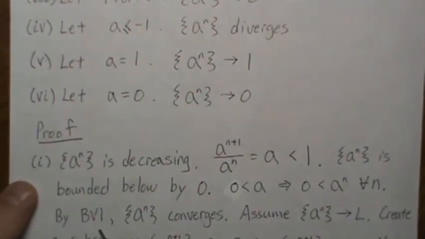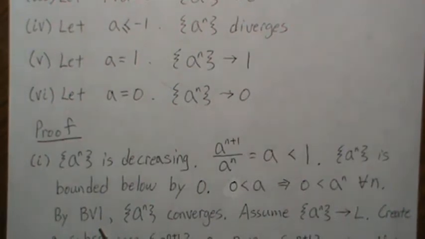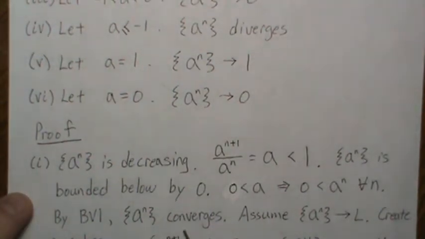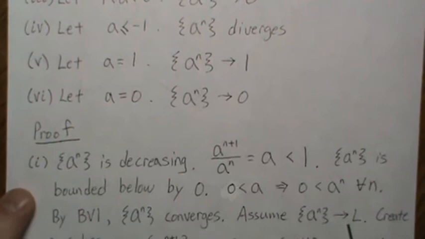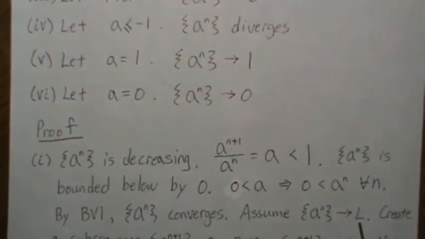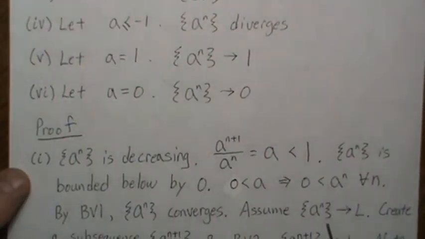So by background video 1, we have a monotone decreasing sequence that's bounded below, so we know that the sequence converges. Okay, we don't know what it converges to just yet. So let's assume it converges to some number L, and that's the limit of this sequence.